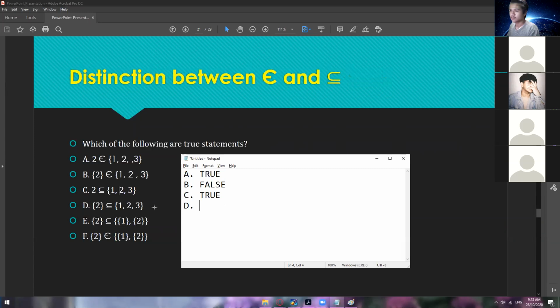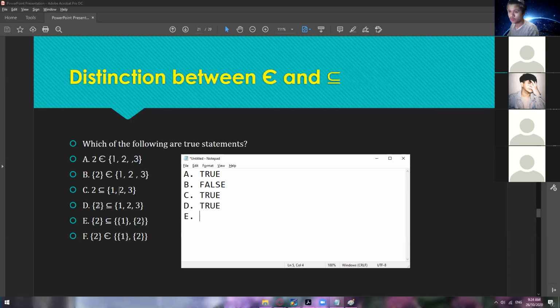Wherein, in letter D, yung left side natin is already a set. So set 2 and then the other one is set 1, 2, 3. So letter D is true. Okay. So this one is a proper na naman. This one is a subset of this set.